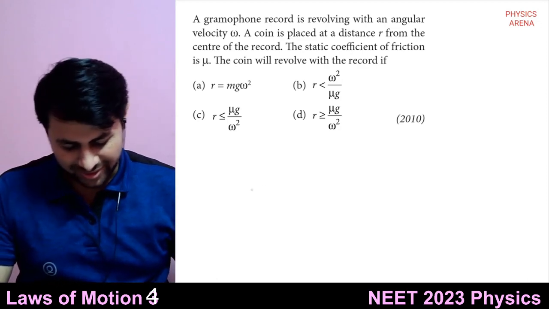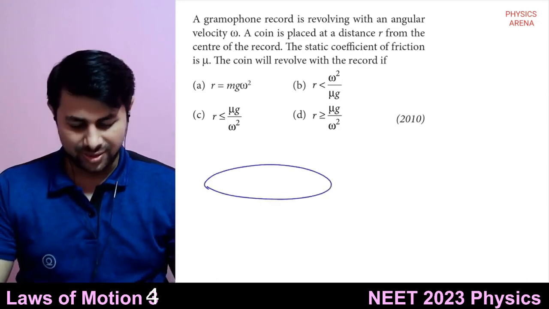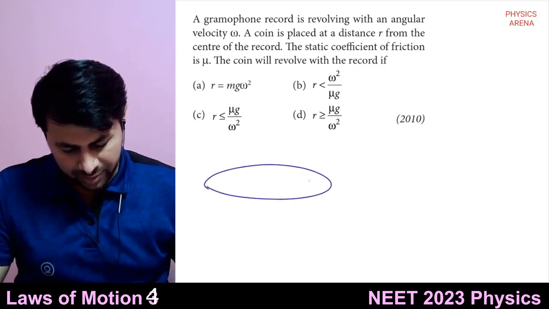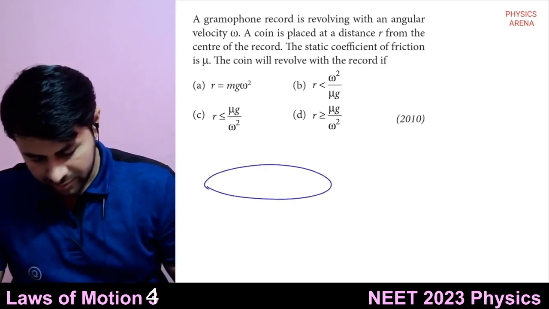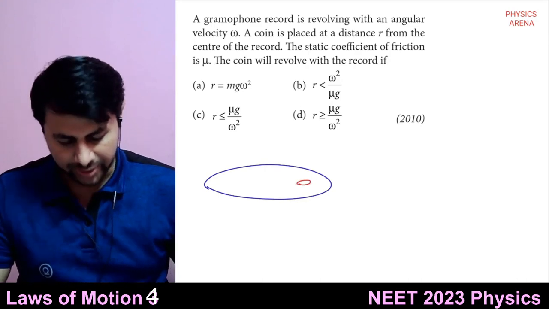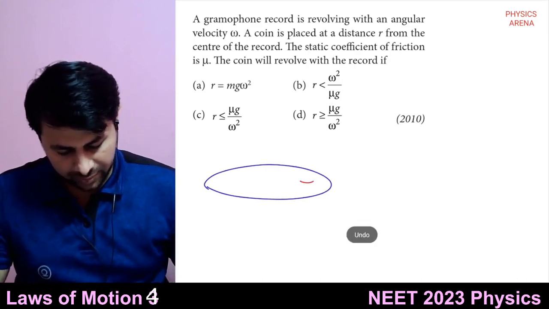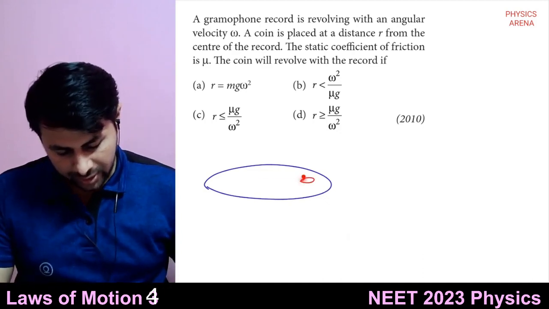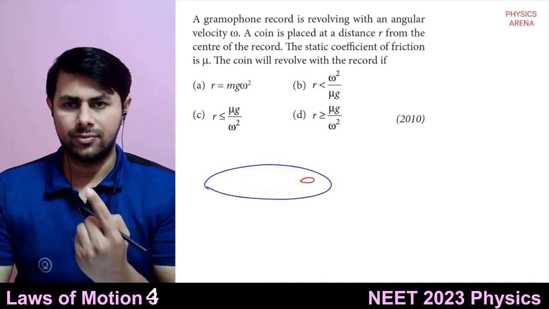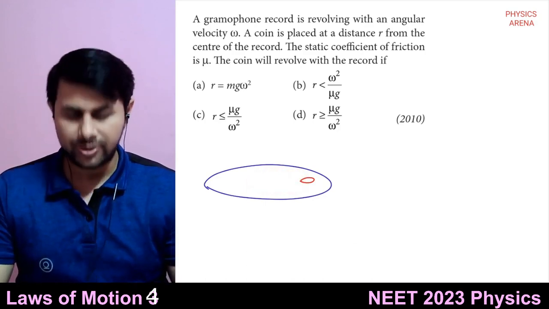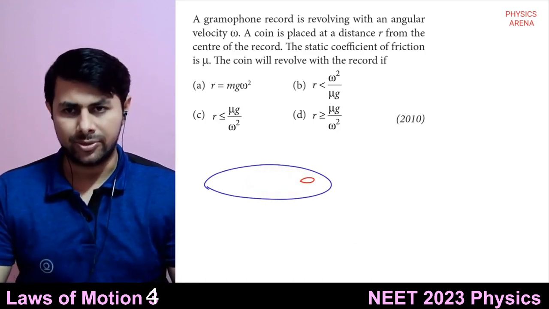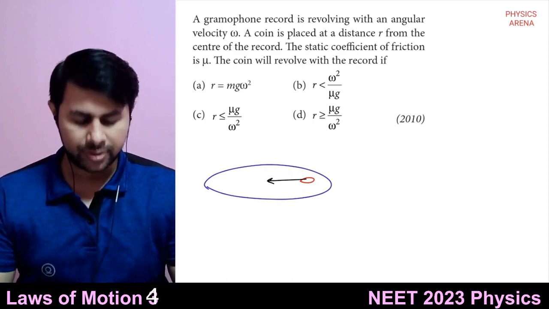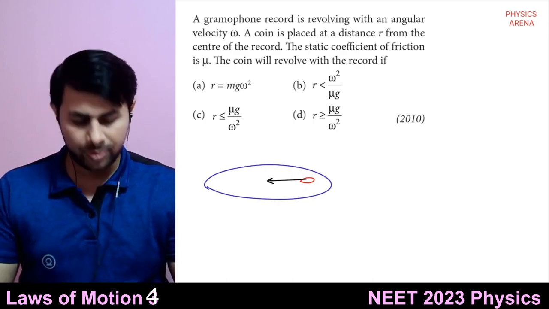This is an old thing. So there is a disc, and you keep a coin on that disc. The disc is rotating. Along with the disc, the coin is also revolving. So which is the force which is providing the centripetal force? Here the frictional force provides the centripetal force.